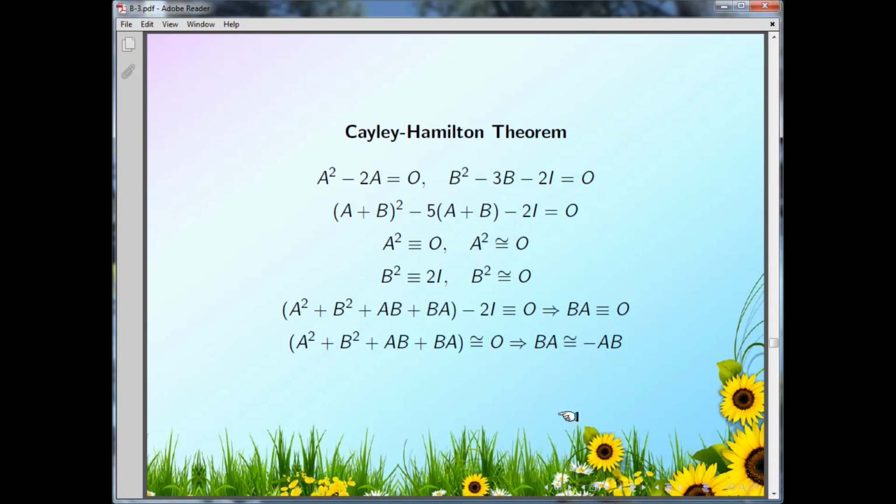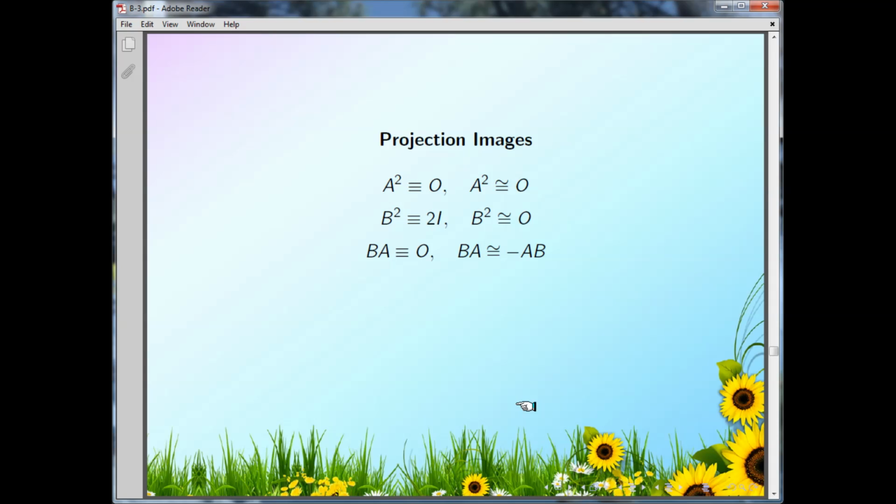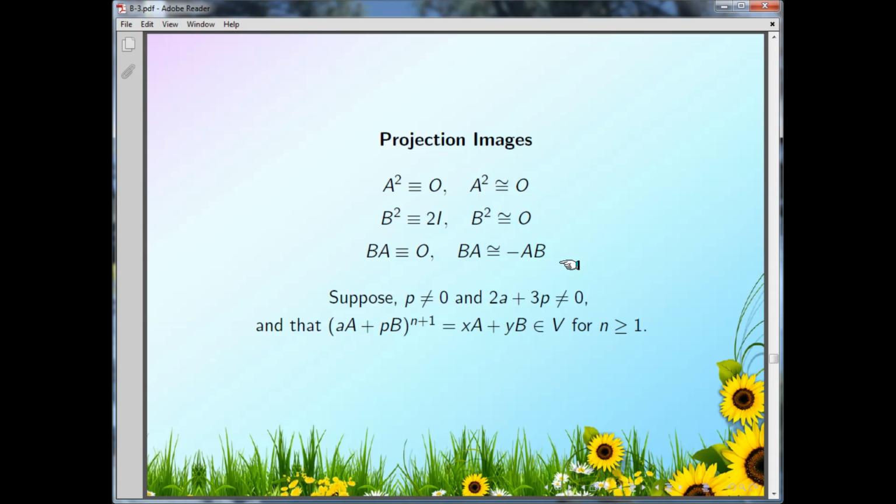That's very nice. So summarized here, A squared, B squared, and BA, their I component is like this, and A squared, B squared, BA, their AB component is like this. So with these 6 rules, we'll be able to qualitatively discuss the shapes of the kth power of the matrices that are in arithmetic progression.